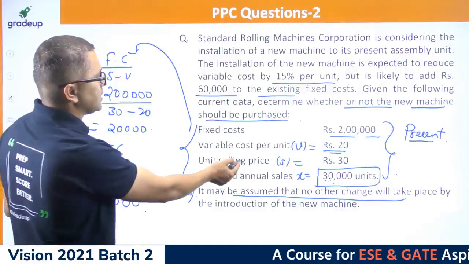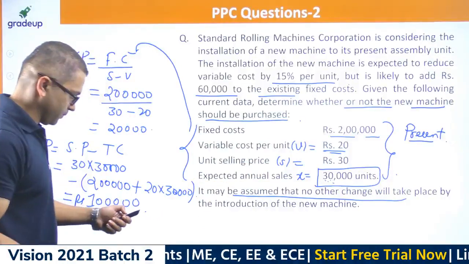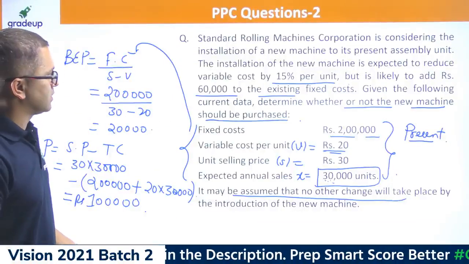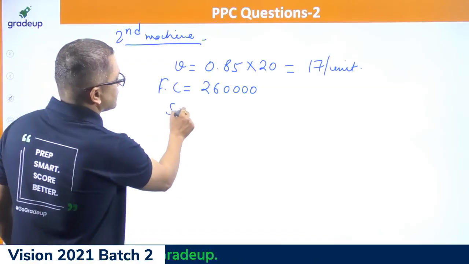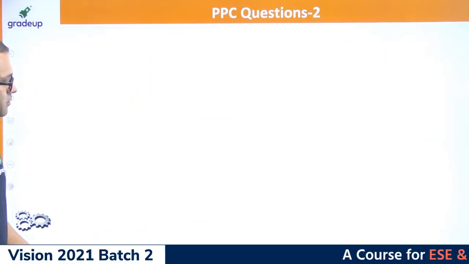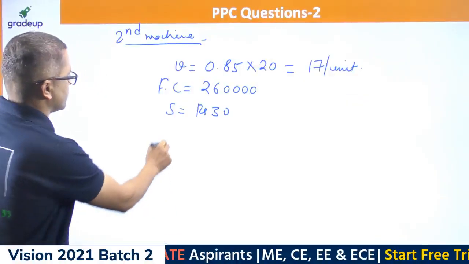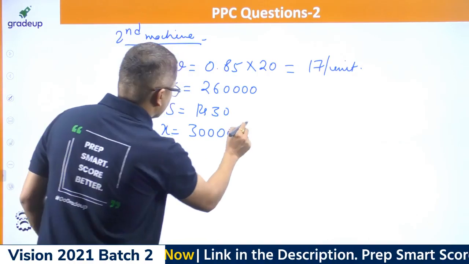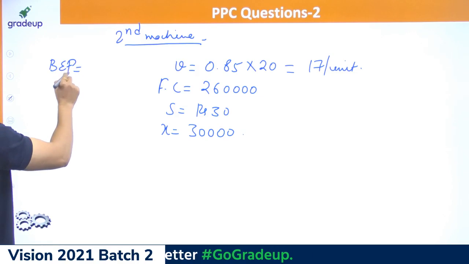So selling price is going to be the same, and annual sales are going to be the same as well. So small s is rupees 30, and X equals 30,000.